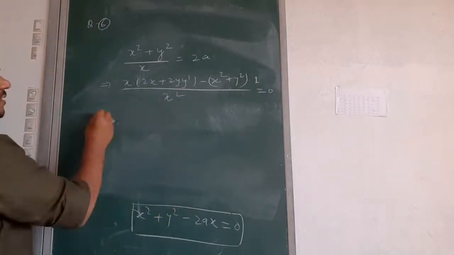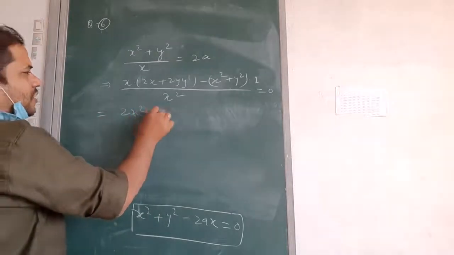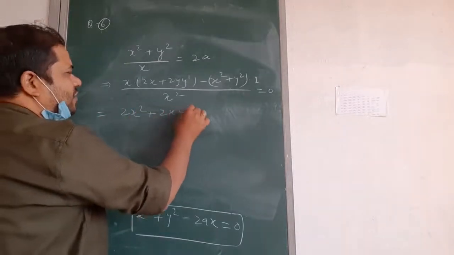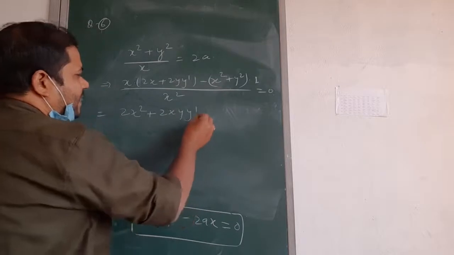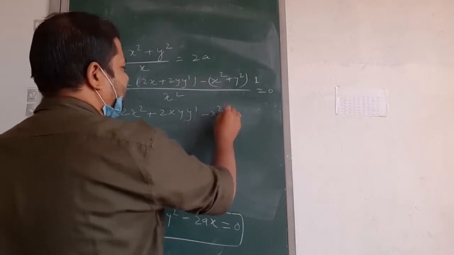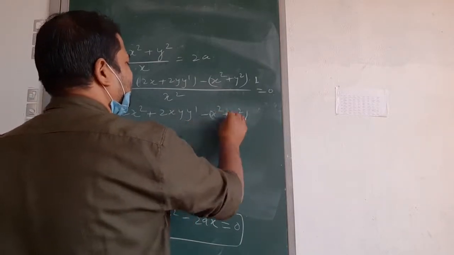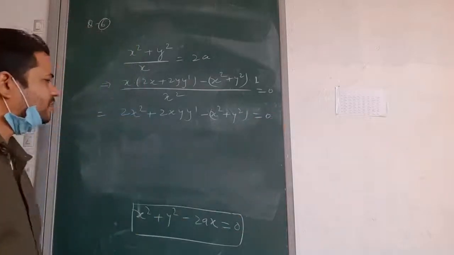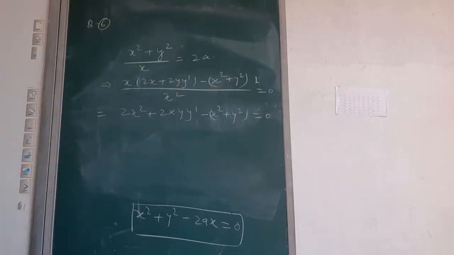So afterward you get 2x square plus 2xy y dash, minus (x square plus y square), and this is equal to 0. This is the differential equation.